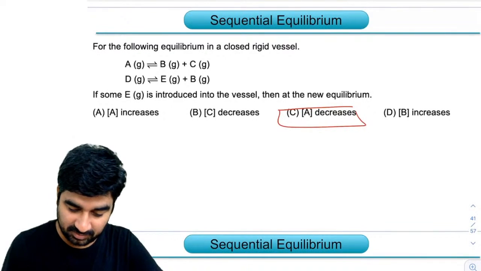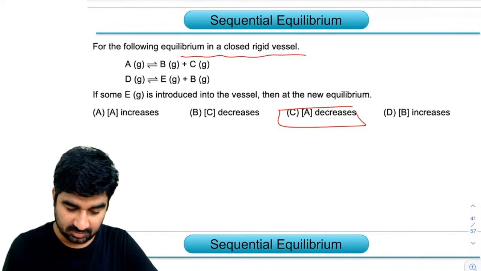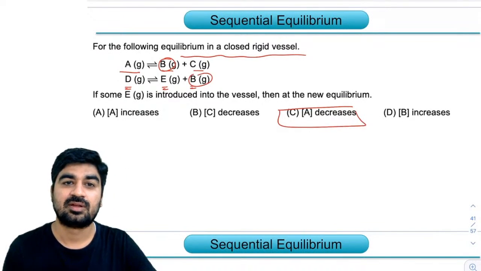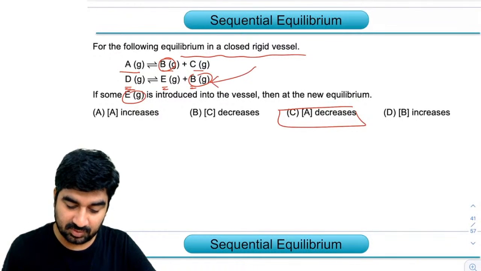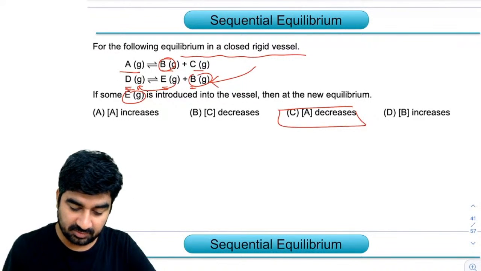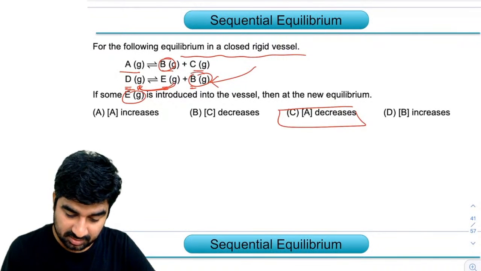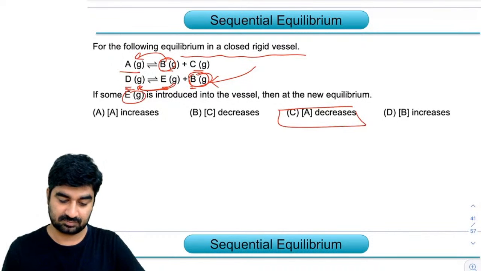So, for the following equilibrium in a closed rigid vessel, A gas giving you B and C, D giving you E and B. B is common here. Now, if you are adding some E, what will happen? This will move backward, and if this is moving backward, then concentration of B will decrease because this will also move backward.